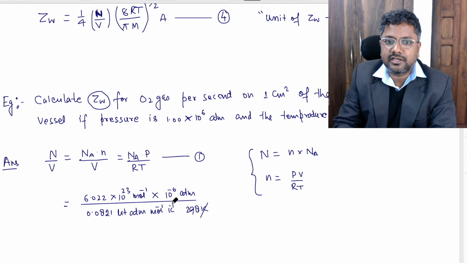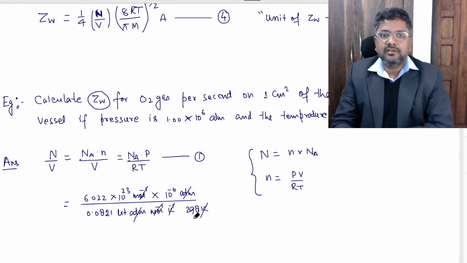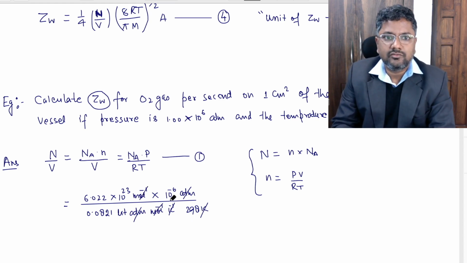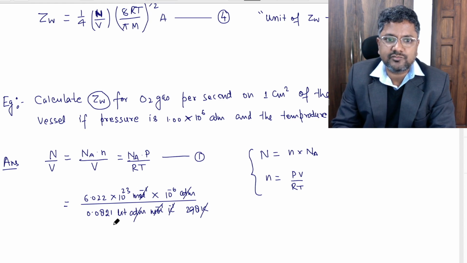Kelvin, atm and per mole cancel, so we will have molecules per liter.